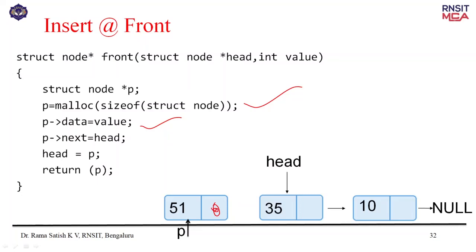Head means whichever the head pointer is pointing to. So that is connecting. Yes, it is connected. So this step is also done. Next step, head is equal to P. That means the head is moved to the P location. It is automatically moved. So this is what you insert.